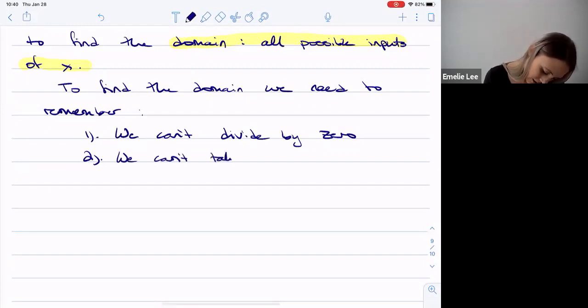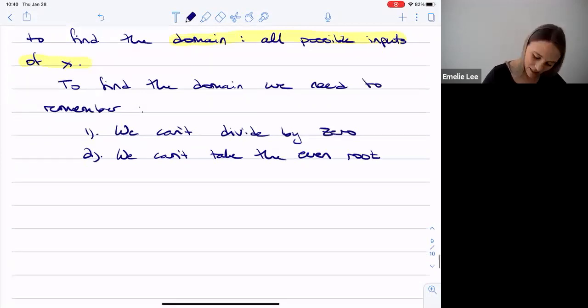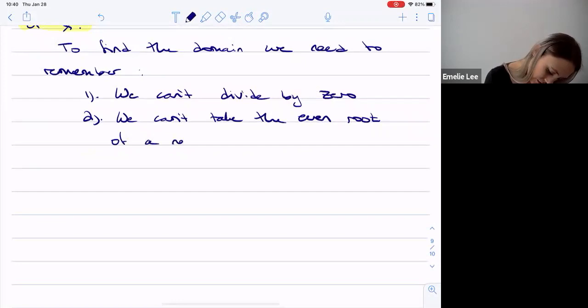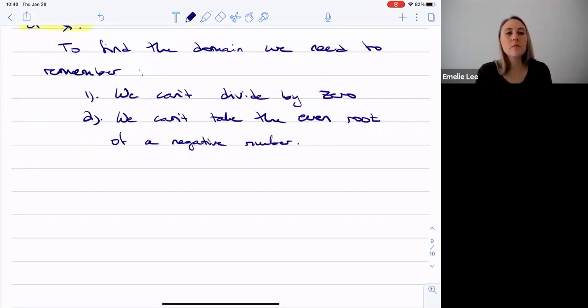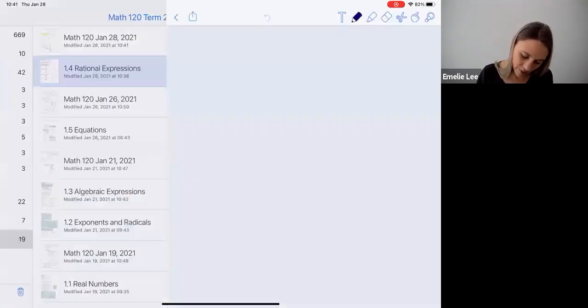So the square root is the second root, right? So that's even. So we can't take the even root of a negative number. Those are the only two things that we need to remember for now. When we get into logs, just as a heads up, we're going to have to add another condition there, but we'll just add it when we get there. Okay, so for now, it's just two things. We can't divide by 0, and I can't take the square root of a negative number. Okay, so it's got this little summary blip here.